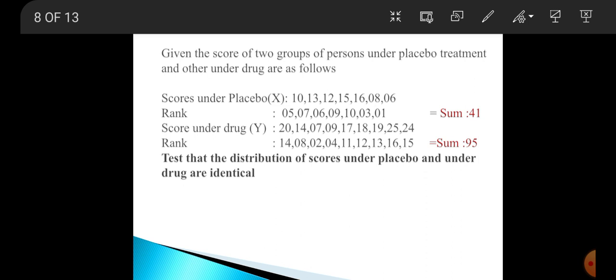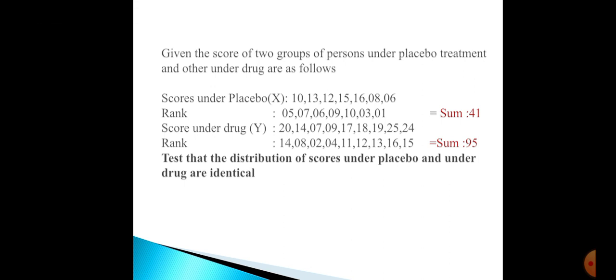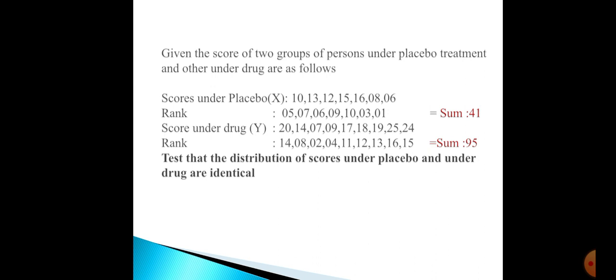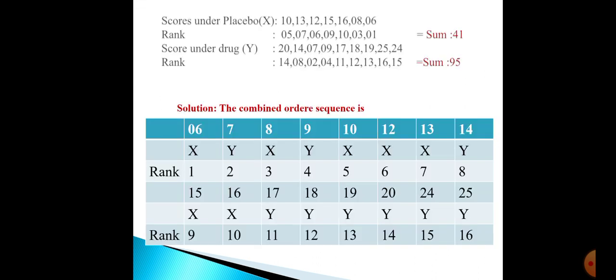Here the sum from the first population is 41 and from the second it is 95. Then the next step is the score, whether it is from X or Y. We have to rank from 1 to 16 and assign them as X or Y.